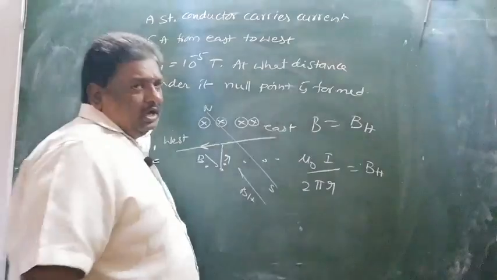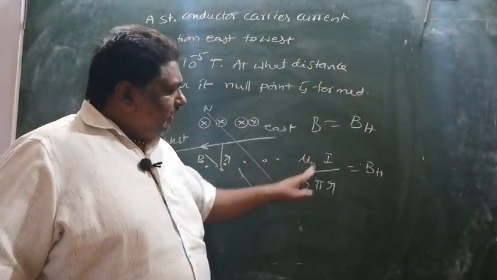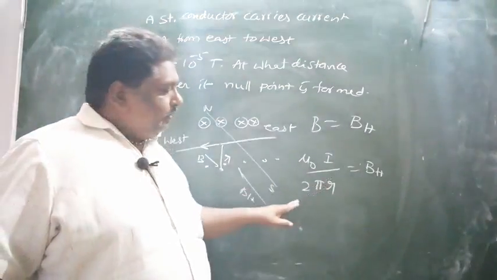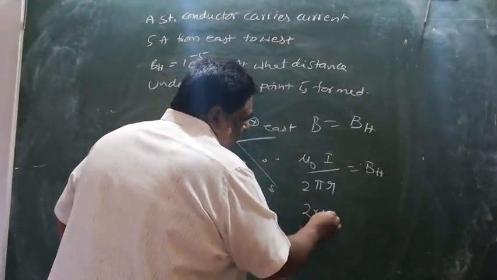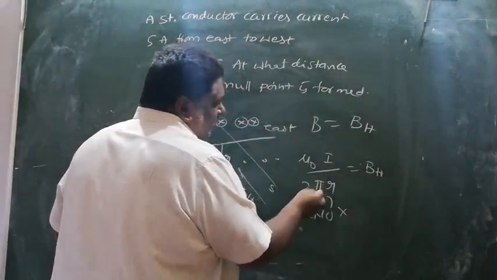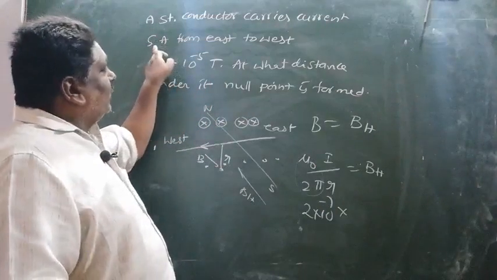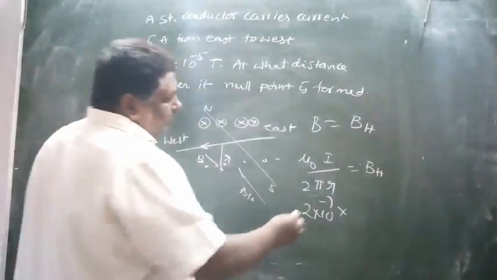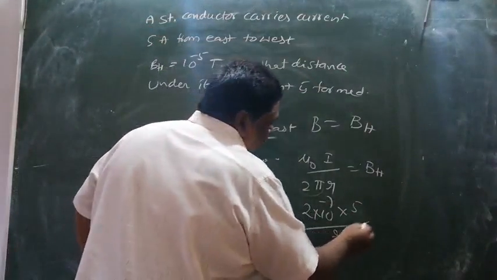Mu naught value you all know, 4 pi into 10 power minus 7. 4 pi by 2 pi: 2 pi, 4 pi, 2 times will go. Therefore, 2 into 10 power minus 7. This is cancelled. Now I by r. I value is 5 amperes, so 5 amperes by r, the value we have to find.